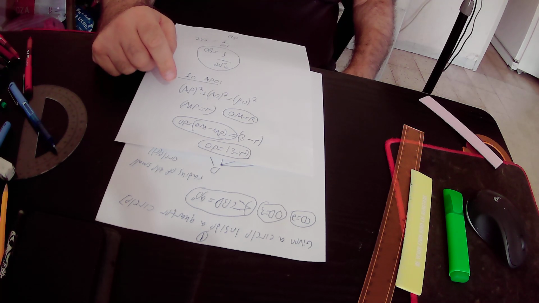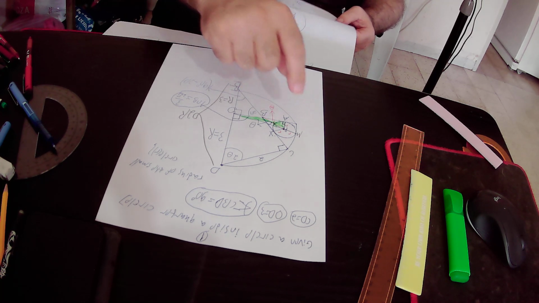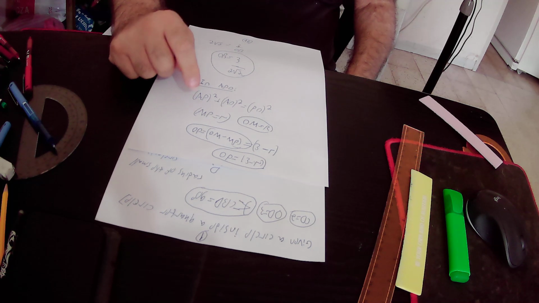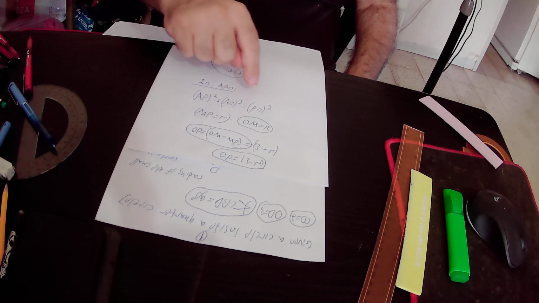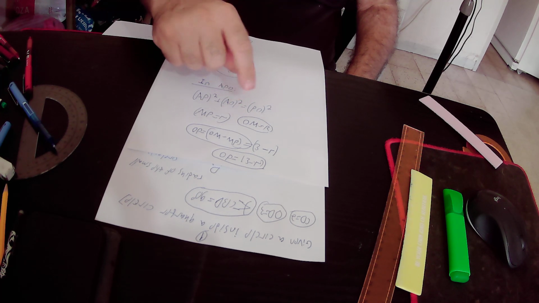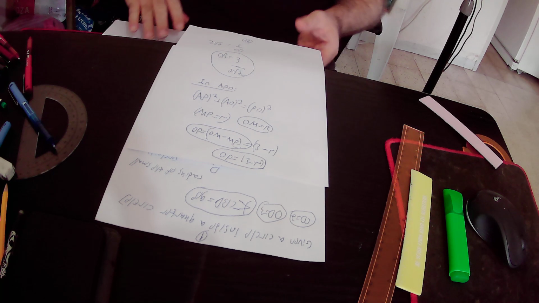We know that AP is the radius of the small circle. So AP square is small r square, plus OA square equals PO square, and PO equals 3 minus r, so PO square is (3 minus r) square.